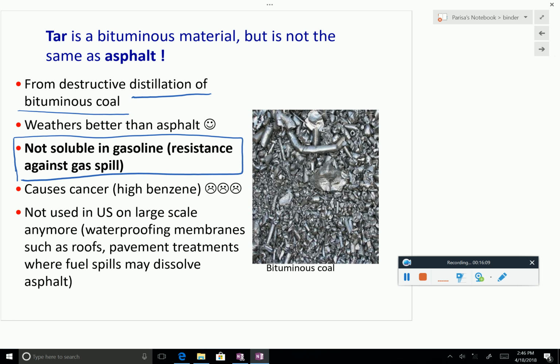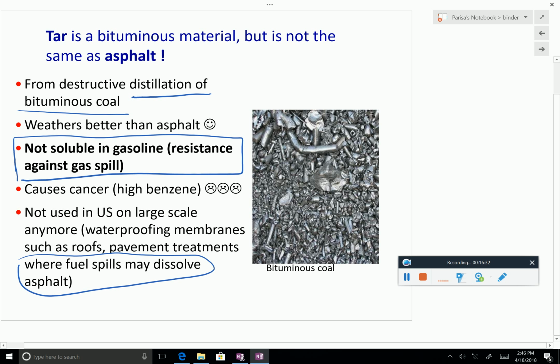Why do we care about that? Because if you ever want to design, let's say, a truck stop or somewhere where you expect to see fuel spills, and if you use a typical asphalt binder, it can dissolve and your pavement can, after a while, get very much damaged. That would be one application of using tar.